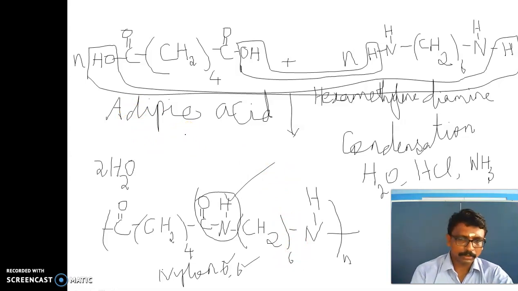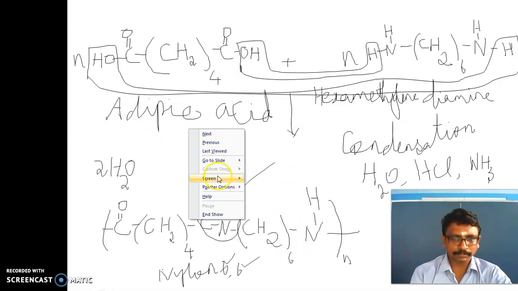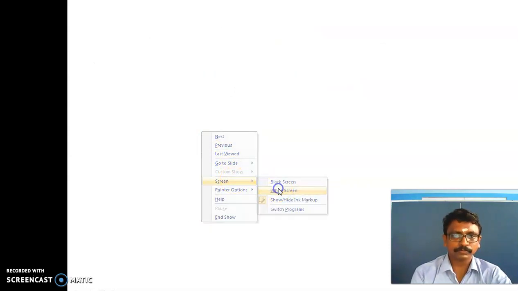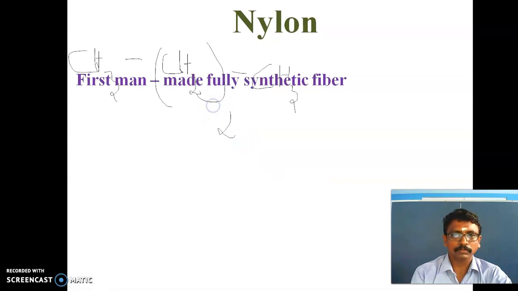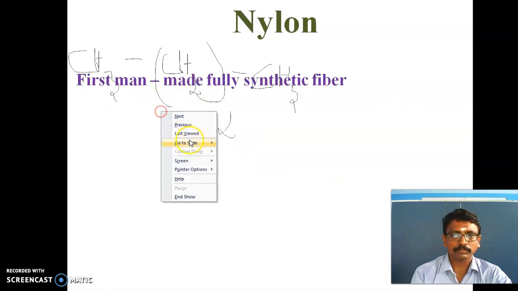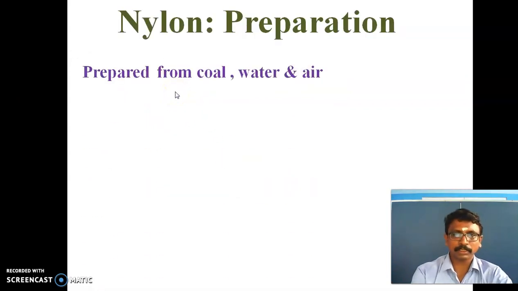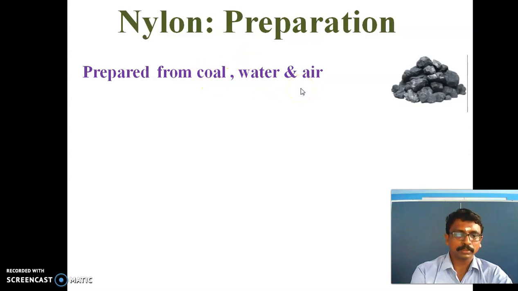Hopefully, children, these concepts are understood very well by you. And now we can see the preparation method. Nylon can be prepared from coal, water and air.